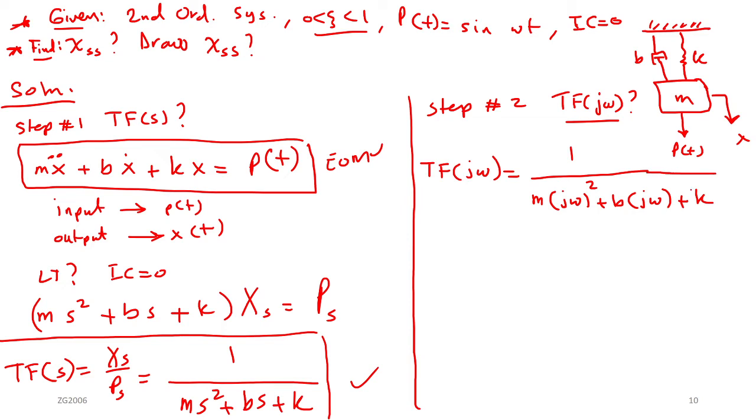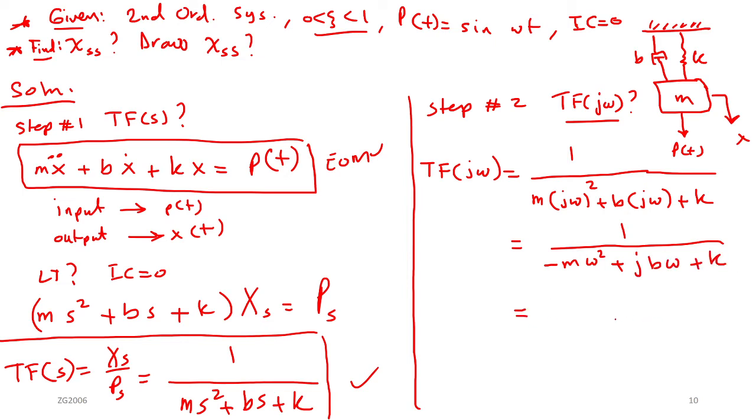Just evaluate. What is j omega? j is a complex number, so squared, it will be negative 1. So it's going to be negative m omega squared plus j b omega plus k.